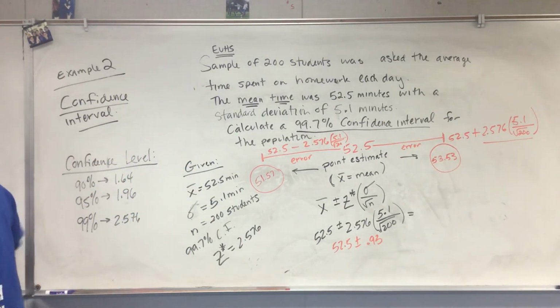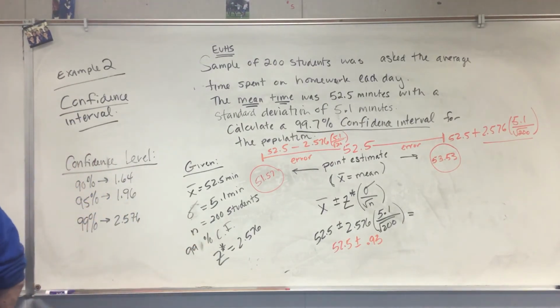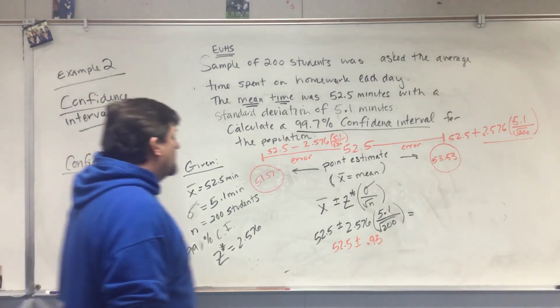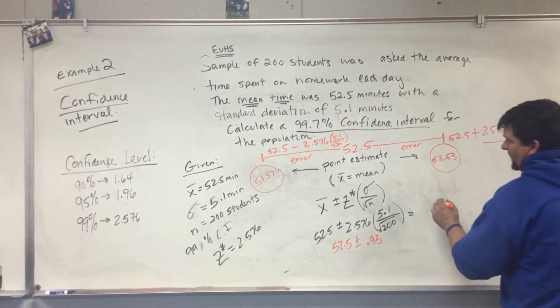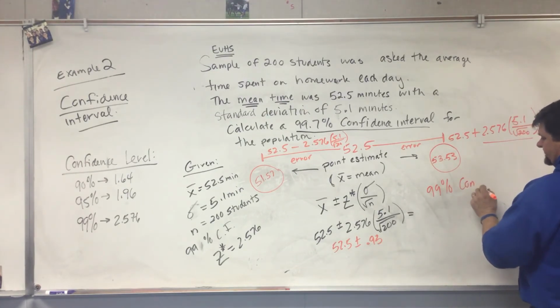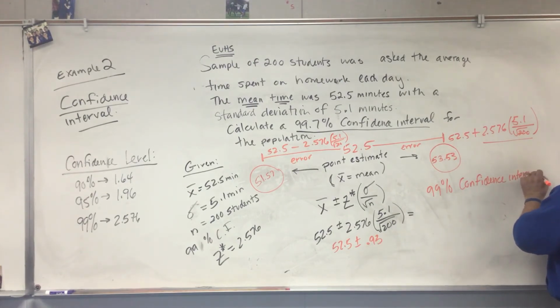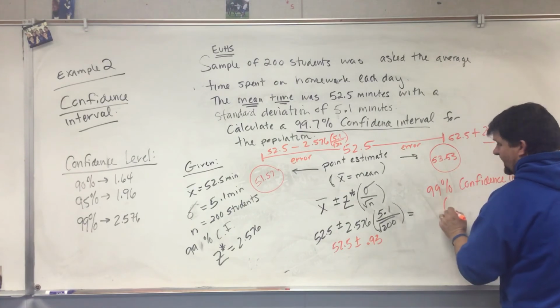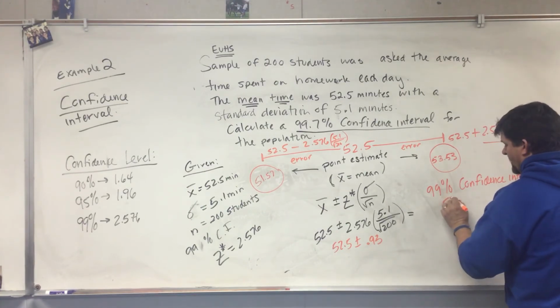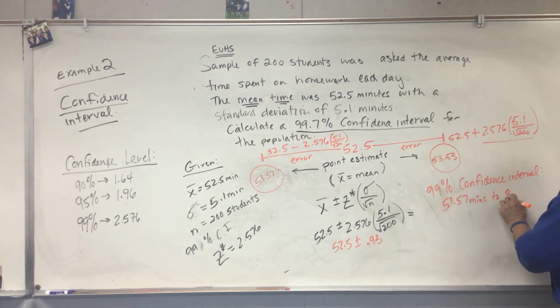So if we did a 99, not 99.7, a 99% confidence interval, our 99% confidence interval is from 51.57 minutes to 53.53 minutes.